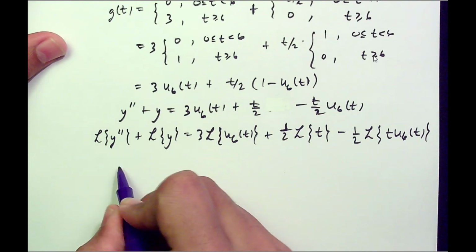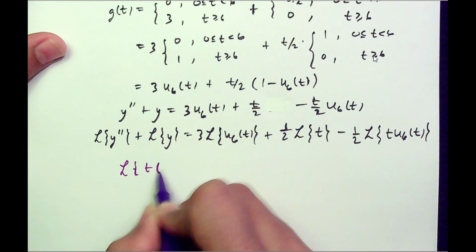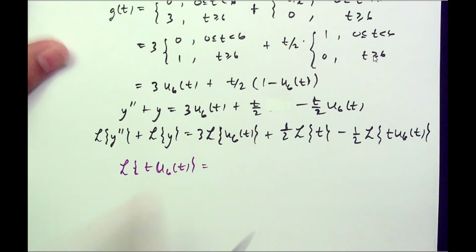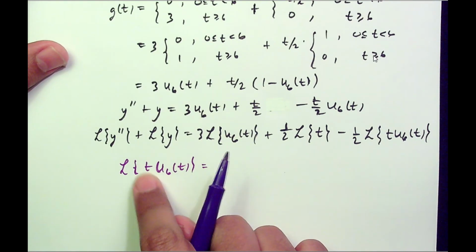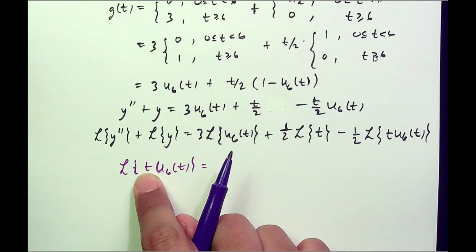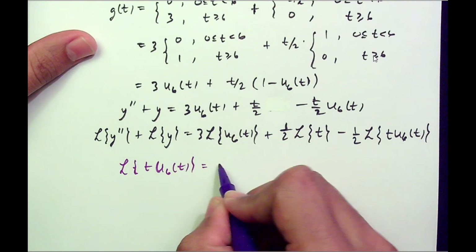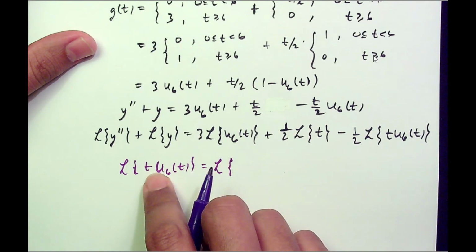Laplace transform of t u6 of t. Well, we did something like this before. You actually need this to be translated at t minus 6. Like that, it doesn't work. You cannot do it like that. It's like a t minus 0.